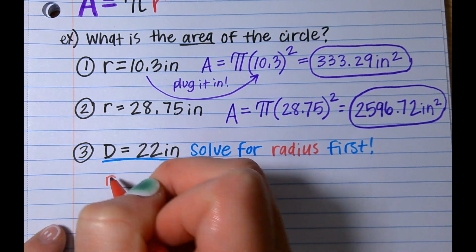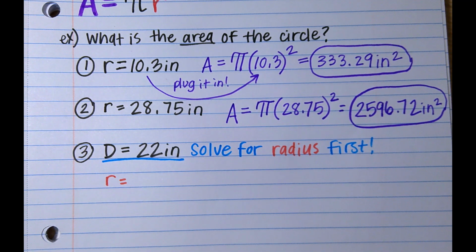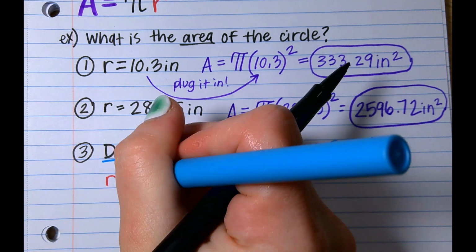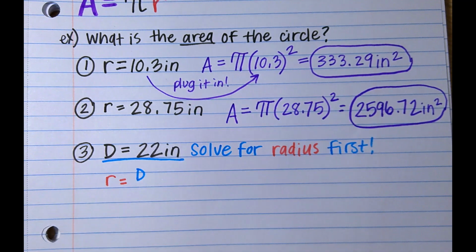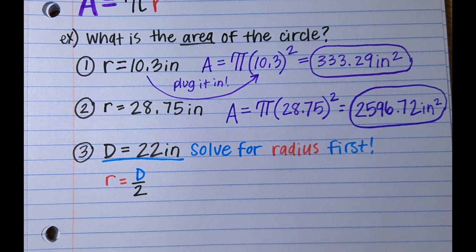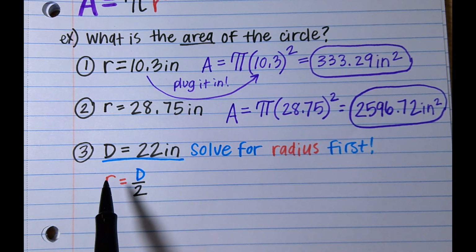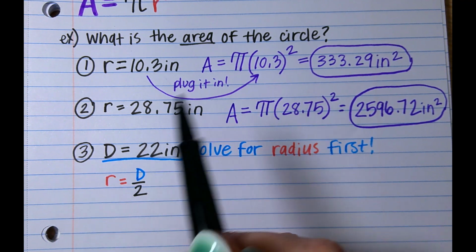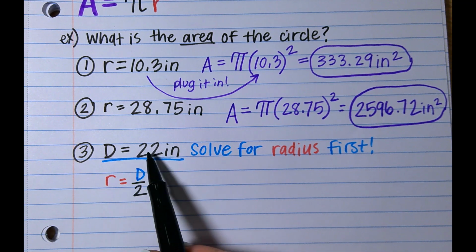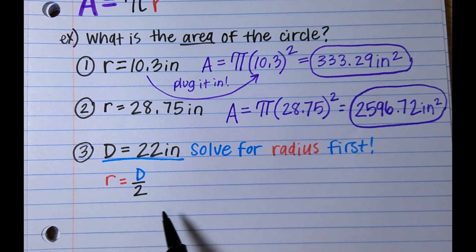Now the radius is half of the diameter, or we could say diameter divided by 2. So all I would need to do here, just like Erica said, is plug in the 22 for D, and we're doing 22 divided by 2. And that gives us the radius.